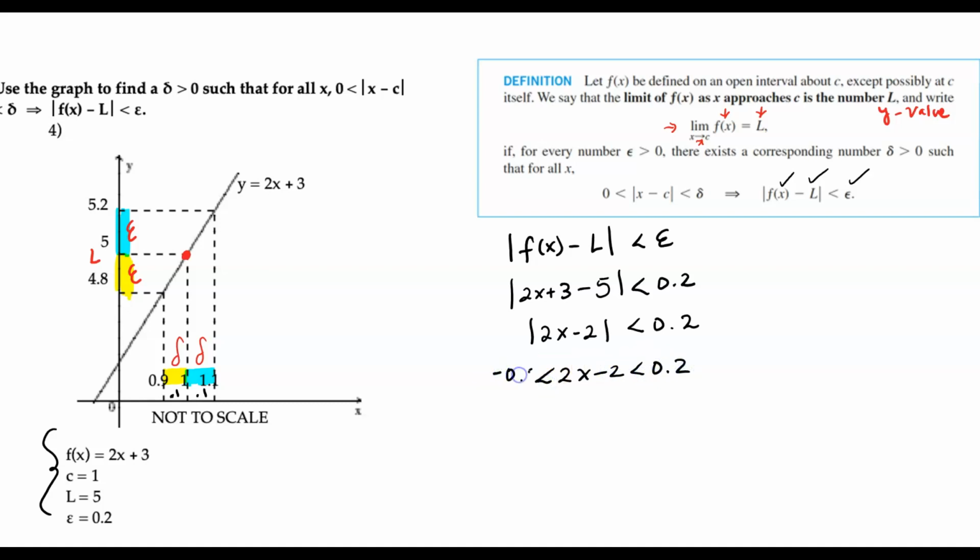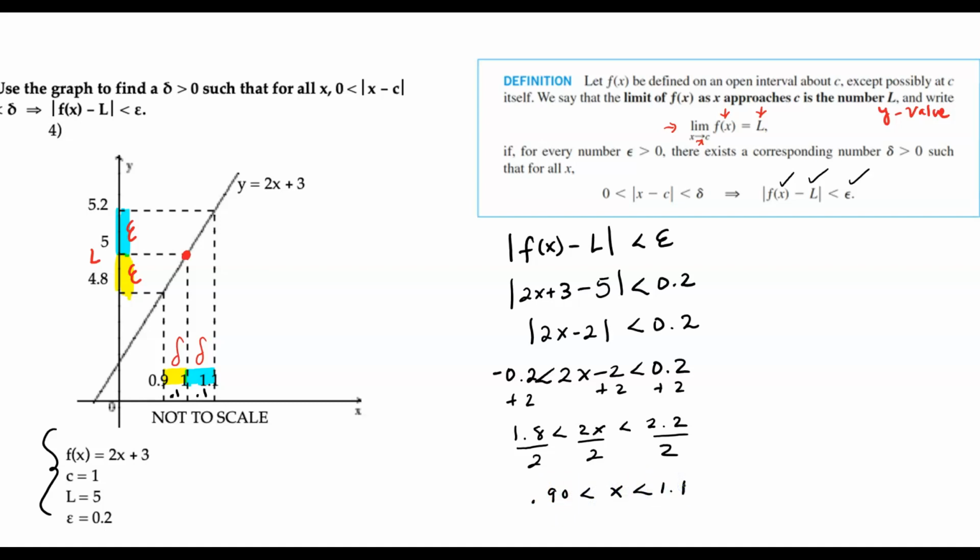We add 2 to all three sides. We get something like 1.8 less than 2x less than 2.2. And then we divide everything by 2. So we get 0.9 less than x less than 1.1.